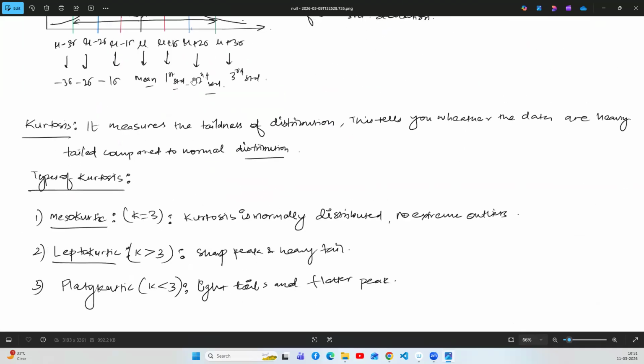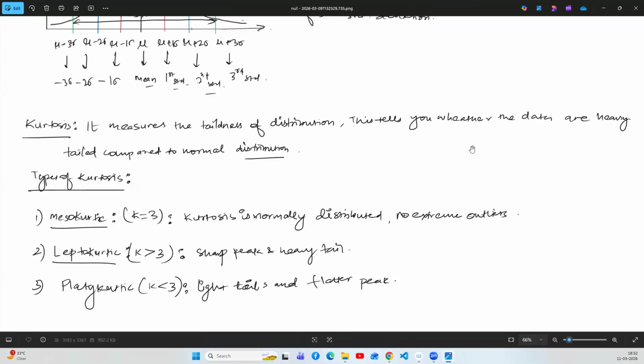Similar to skewness, there is one more measure, and that is kurtosis. Kurtosis measures the tailedness of the distribution, whether it has a heavy tail, or a flatter peak and a light tail.